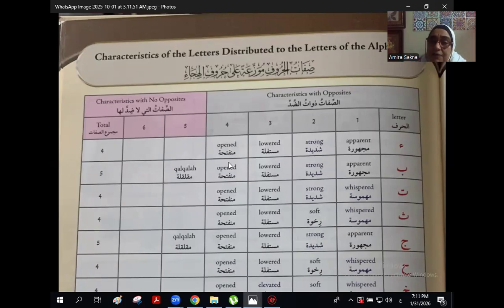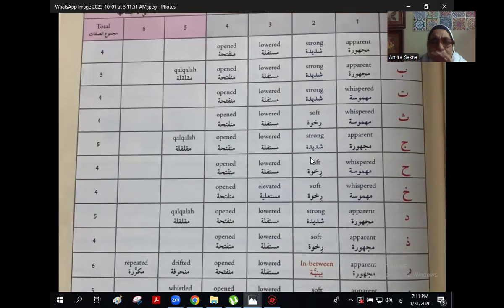So, and after this, they could have any characteristics of the 8 without opposites. Hamza, for example, they are 4 only. Apparent, strong, lowered, opened. Ba, it has 4 plus qalqala. Apparent, majhura, shadida, mustafila, munfatiha, and muqalqala. Apparent, strong, lowered, opened, and qalqala, etc. The Arabic letter which has the biggest number of characteristics is the Ra.